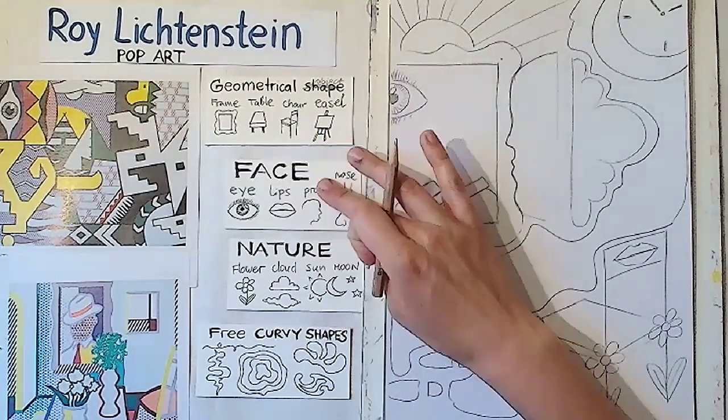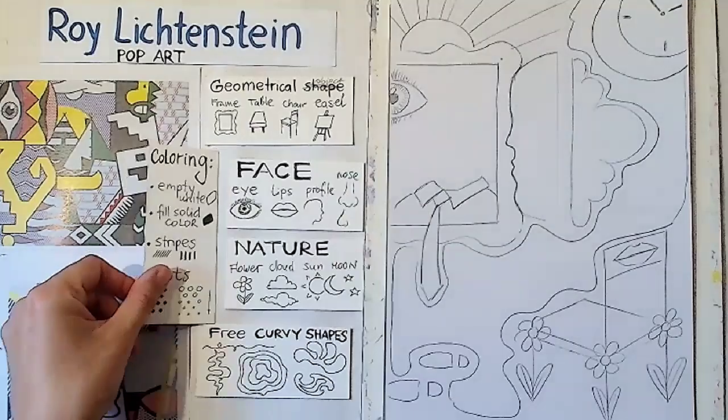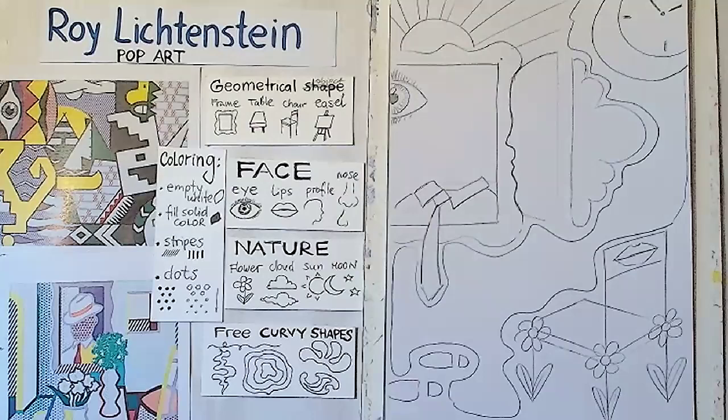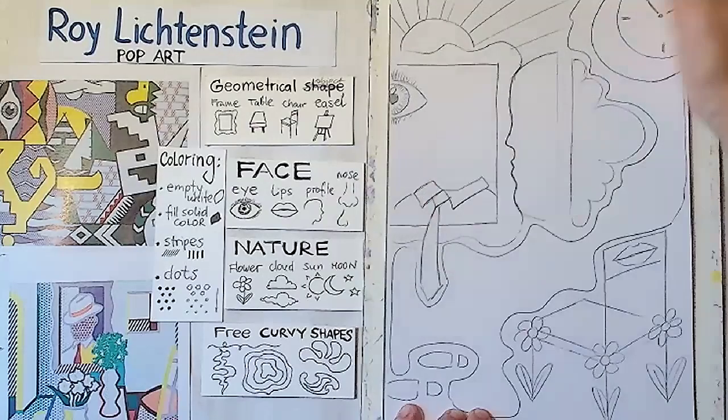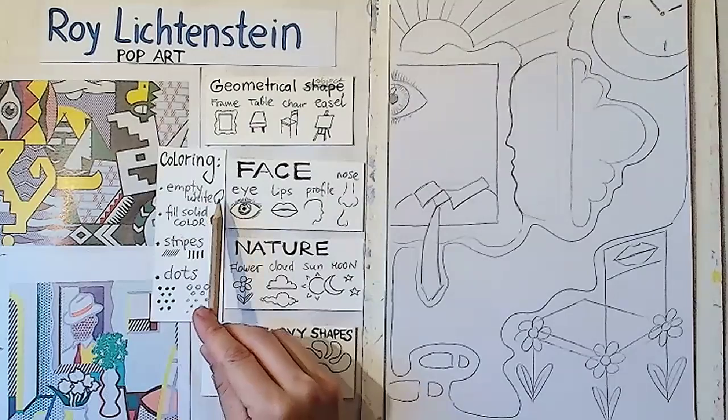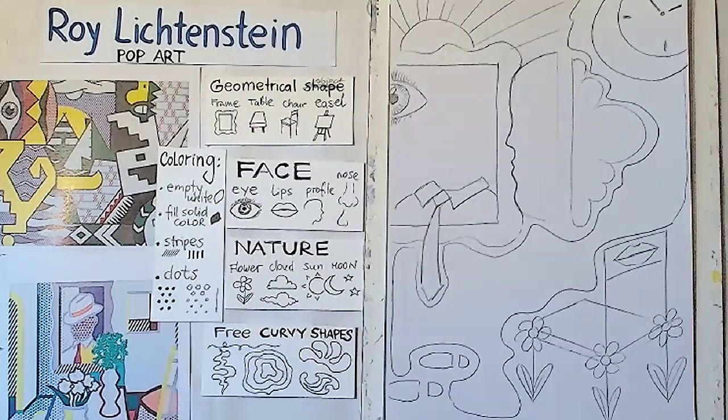Well, once you're ready with your pencil drawing, then we just follow these four parts to color. Some areas feel free to keep white, just empty, and it also saves time, so you can choose some bigger areas to be white.